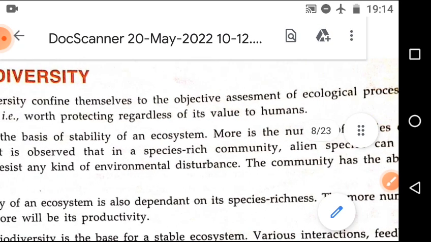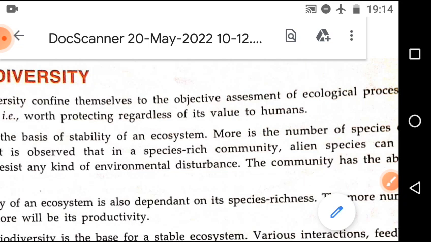Now, those who study biodiversity normally want to know the ecological process in that particular ecosystem, how it is interacting with the other ecosystem as well, that is the beta diversity, and how the overall ecosystems are interacting, that is your gamma diversity. So they are not only focusing on a particular species, but they are also focusing on the community in that area, which is the alpha diversity.